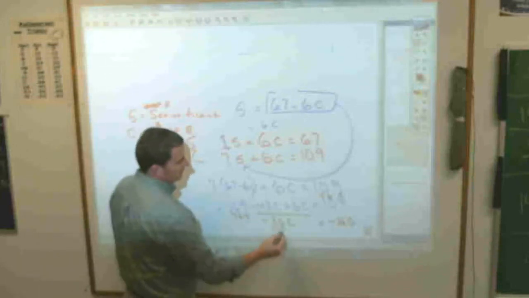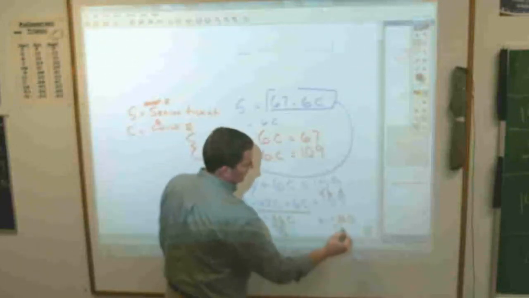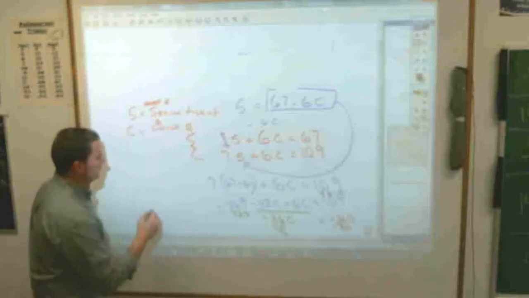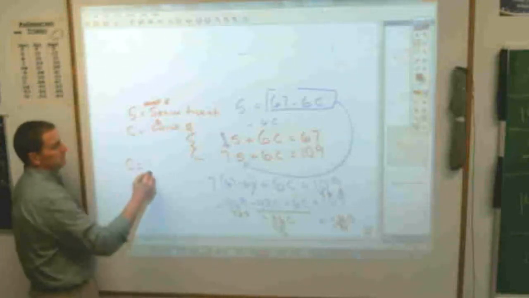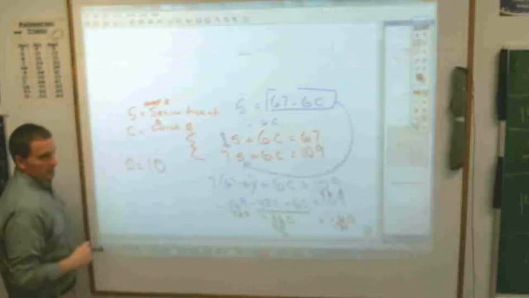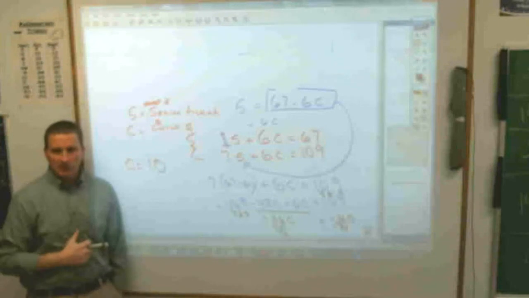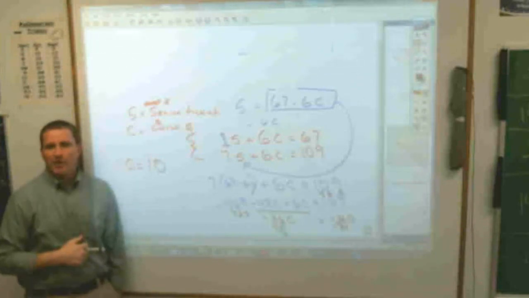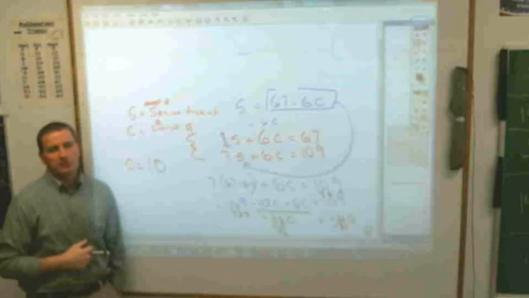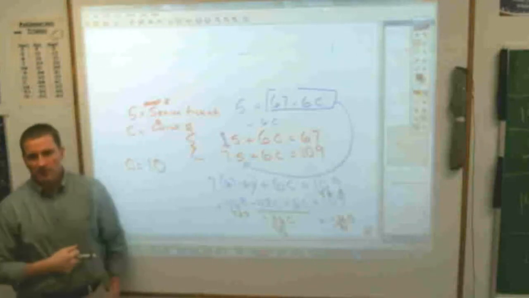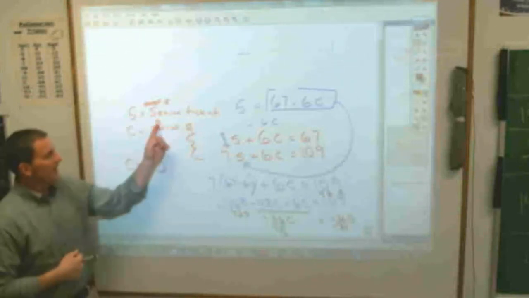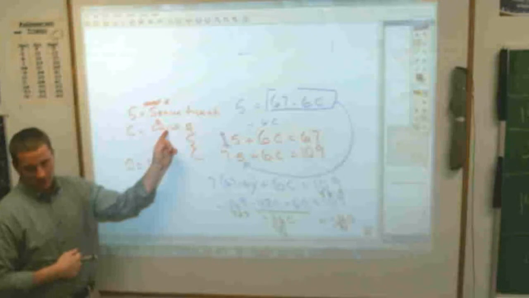Solving for C, I divide by 36, divide by 36. The letter C equals 10. Now what really does the letter C equal? And that's why I define my variable, because really the letter C doesn't equal just 10. The letter C was how much a child's ticket cost.